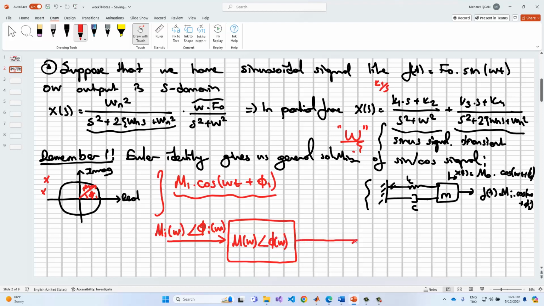And so we can generate our response with M0(w) with the phase angle phi 0(w). Okay, and so the idea is simple. We can select any sinus signal in the S-plane in terms of its magnitude and phase value, just like this one. This may be a sinus signal, okay?